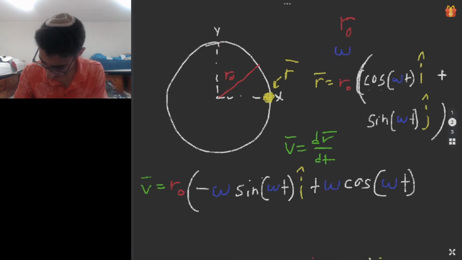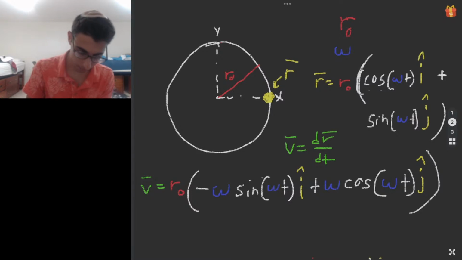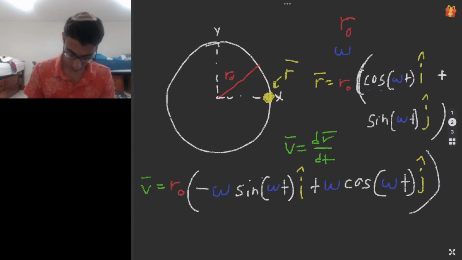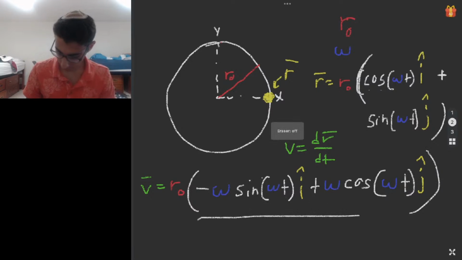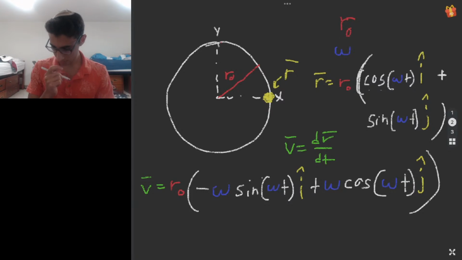We have to remember our j hat, because this is still the y component of our situation, and end it off. So now we've found velocity based on position. So we know the velocity of our particle now. And of course, the r naught is still involved just to scale it up properly. So this is going to be like basically the position. This whole thing is going to be the position, essentially, and this will just scale it up to the proper amount, because it's r naught, because the circle has a radius of r naught.